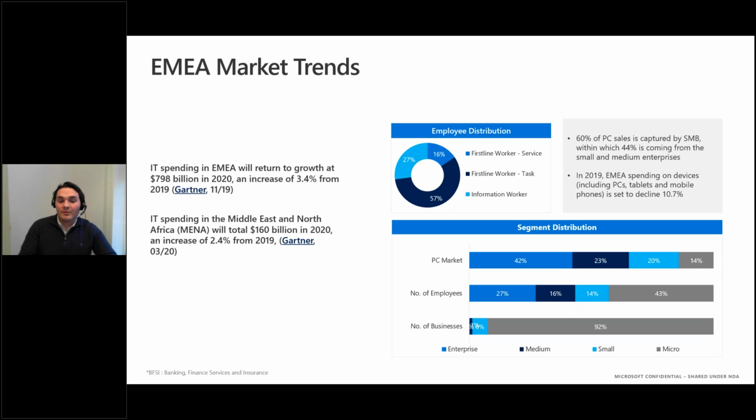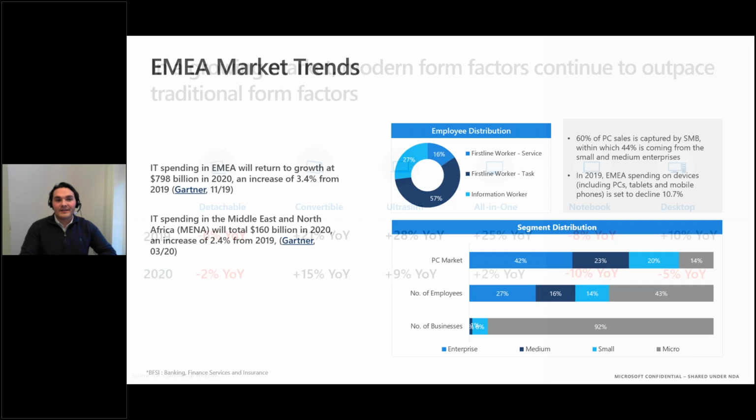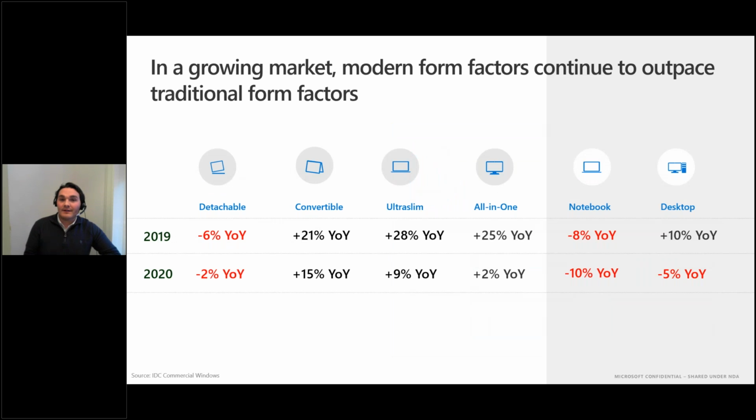And what I also want to take time and show you is exactly what they are spending their money on, because it is a growing market overall, but we can also see that there are some areas where we have a year-over-year decline, and that is first and foremost on the detachable and on the notebook segment. But what we, on the other hand, are seeing is that the convertible and of course the ultra slim segment are having a much larger increase.